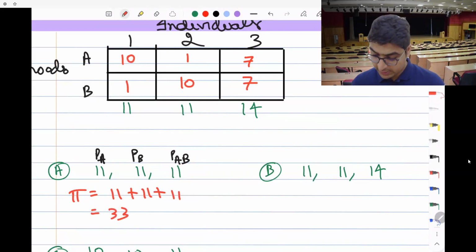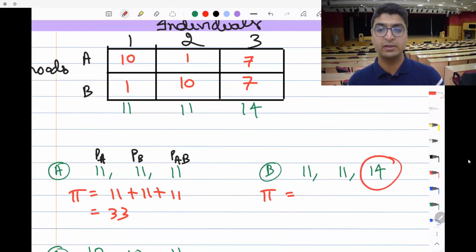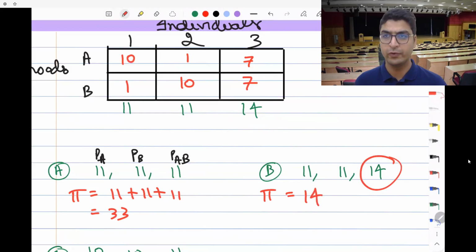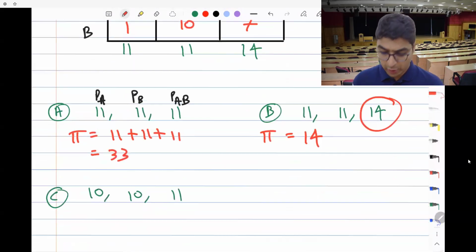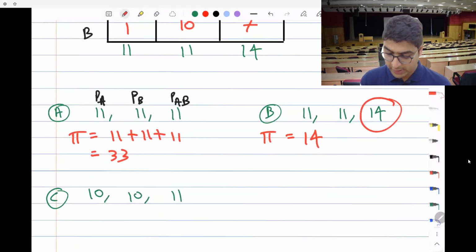Okay, let's calculate the profit in case of option B. Well, 11 कोई बाय नहीं करेगा, सबकी जो वैल्यूएशन है वो इस प्राइस से कम है. Same thing goes here. What about this? Well, in this case, only individual 3 can buy the bundle. So profit will be equal to 14 only. What about option C? 10, 10, 11.